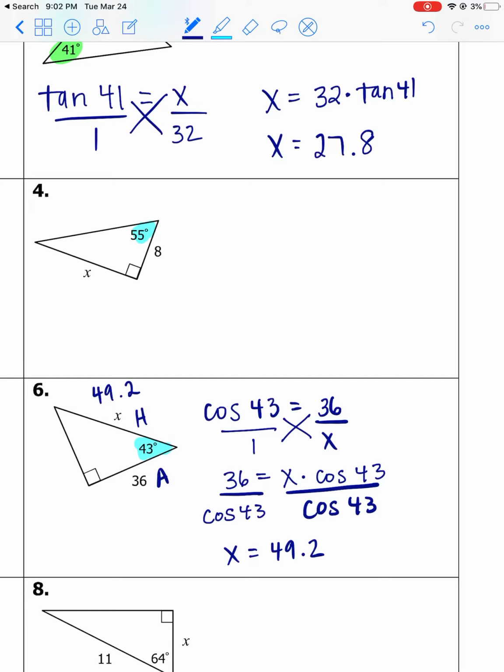So x is across from it, meaning it's its opposite leg. And 8 is adjacent to it. The unnamed one at the top, that's your hypotenuse. It's not relevant to us right now. We're only talking about our opposite side and our adjacent side.